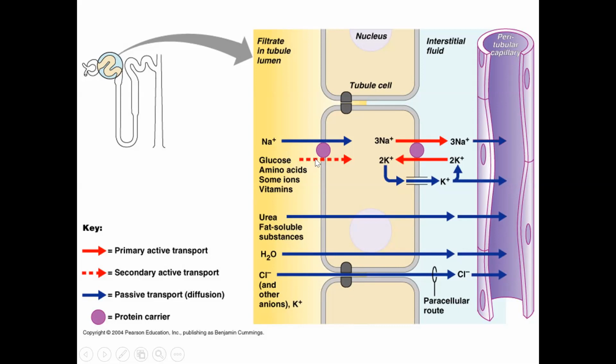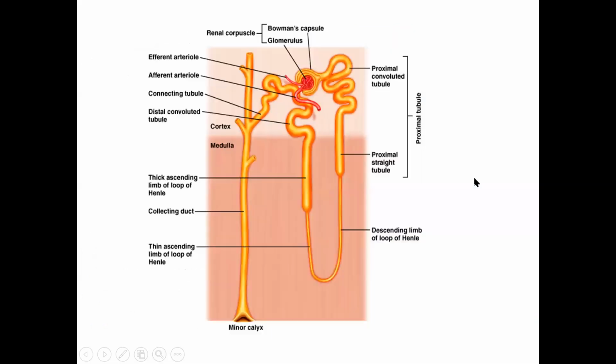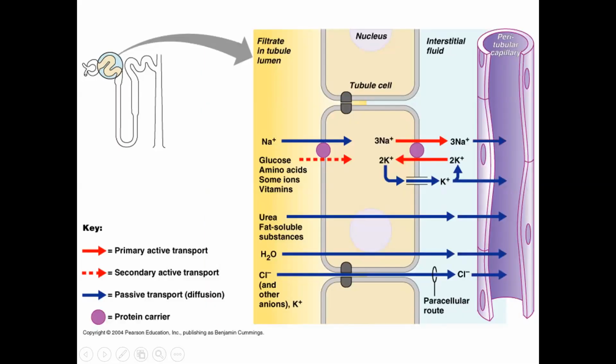Now it is the time for glucose to be reabsorbed back toward the blood capillaries. How can glucose get in? It is based on the sodium movement. Sodium movement drags glucose in. Without this sodium movement, glucose cannot get back into the cuboidal cells.